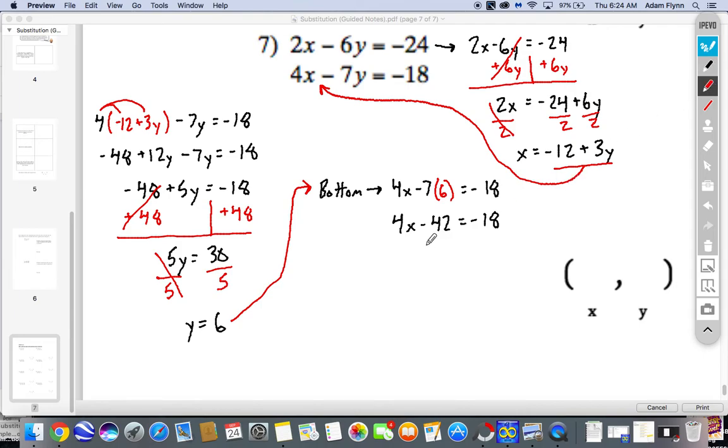All right, I will add 42 on both sides. Negative 42 plus 42 is going to cancel out. Okay, and then I've got negative 18 plus 42. So I've got 4x on the left side, and I've got negative 18 plus 42 on the right side, which is going to be a positive 24.